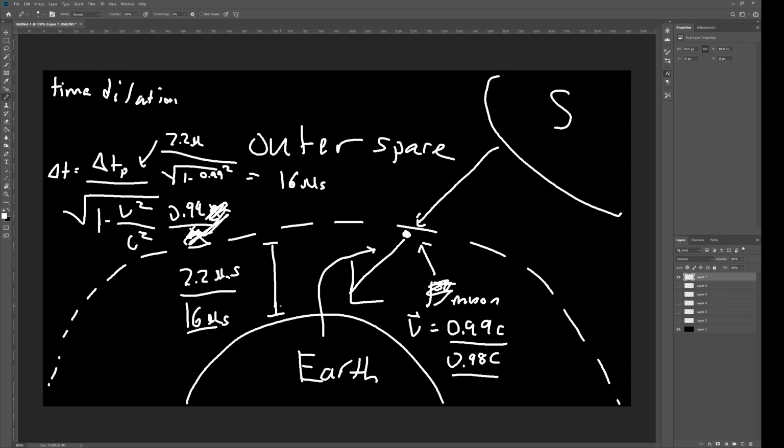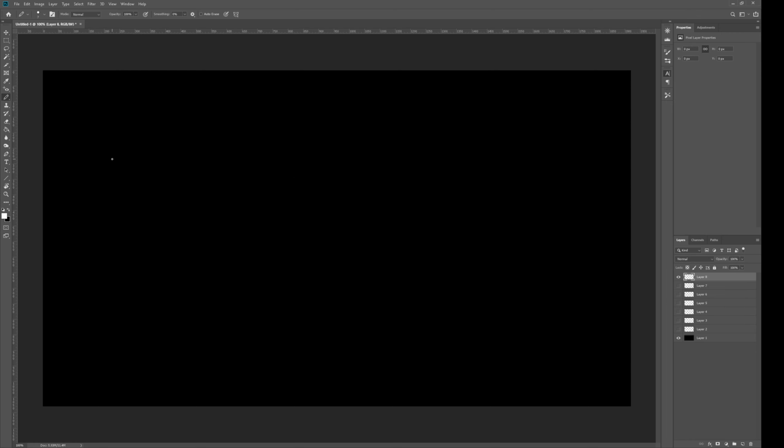That's really interesting. So, if we analyze this equation further, delta t is equal to proper time all over the square root of 1 minus v squared over c squared, what if v approaches c? I mean, v is equal to c.